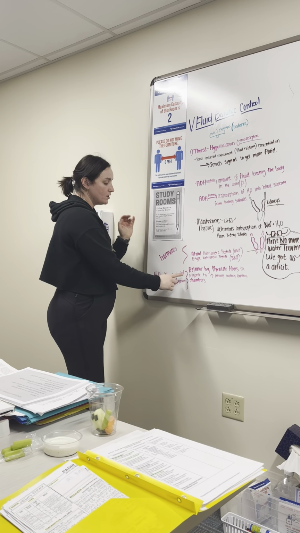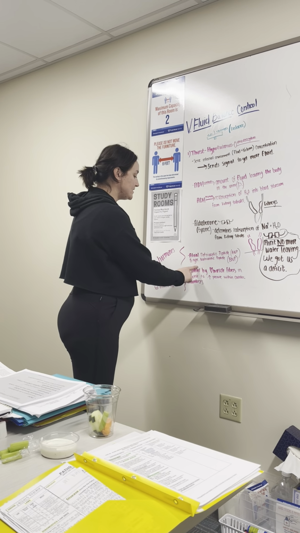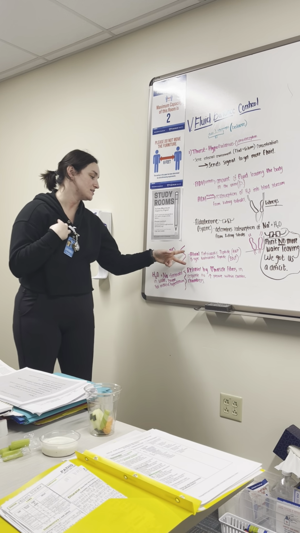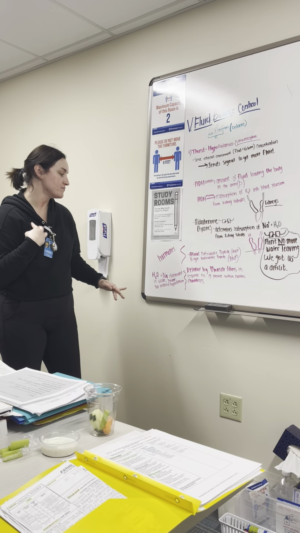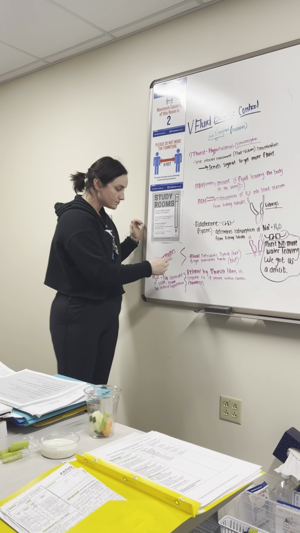Then we go down to two other hormones: the atrial and the B type. Atrial has to do with the heart, and that's exactly what these are, within the cardiac muscle fibers.